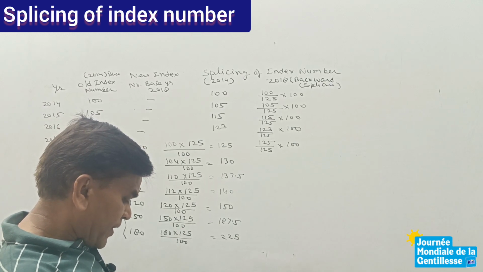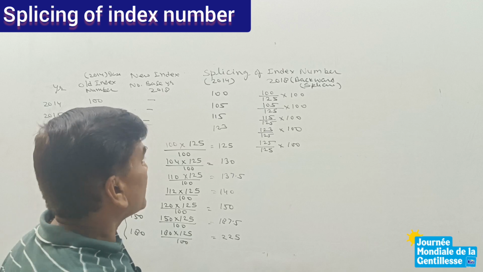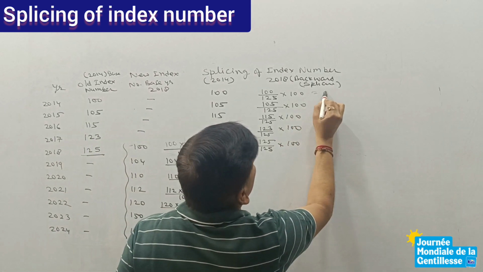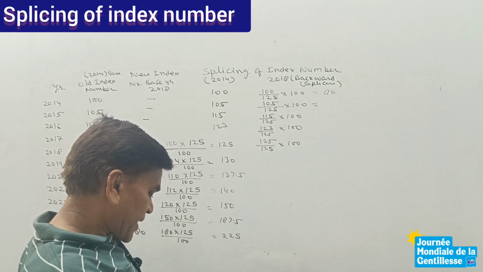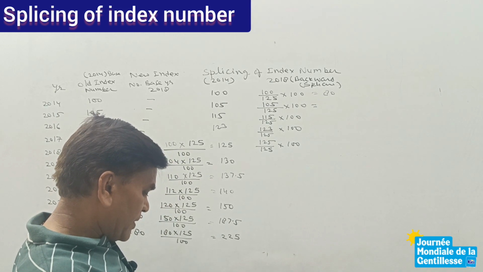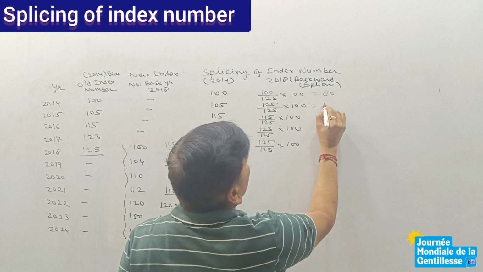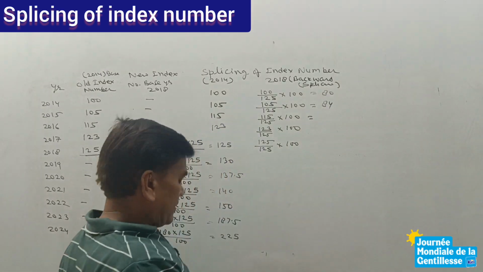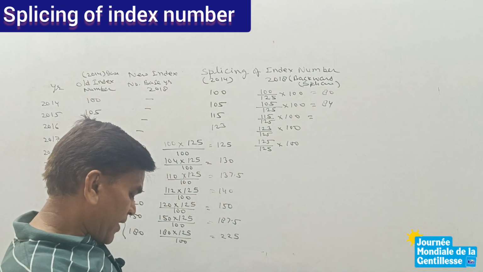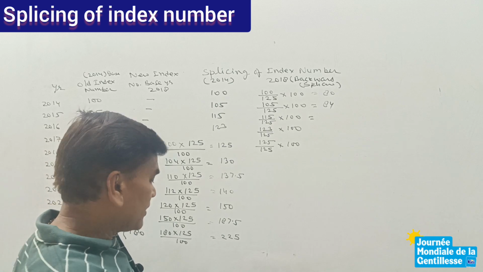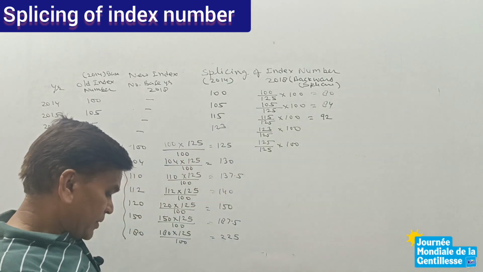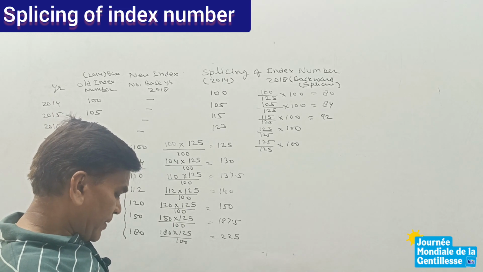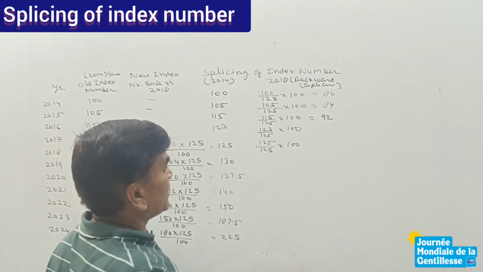100 divided by 1.25, that is the first one, 80. Second one, 105 divided by 1.25, that is 84. Third one, 115 divided by 1.25, that is 92. 123 divided by 1.25, that is 98.4.